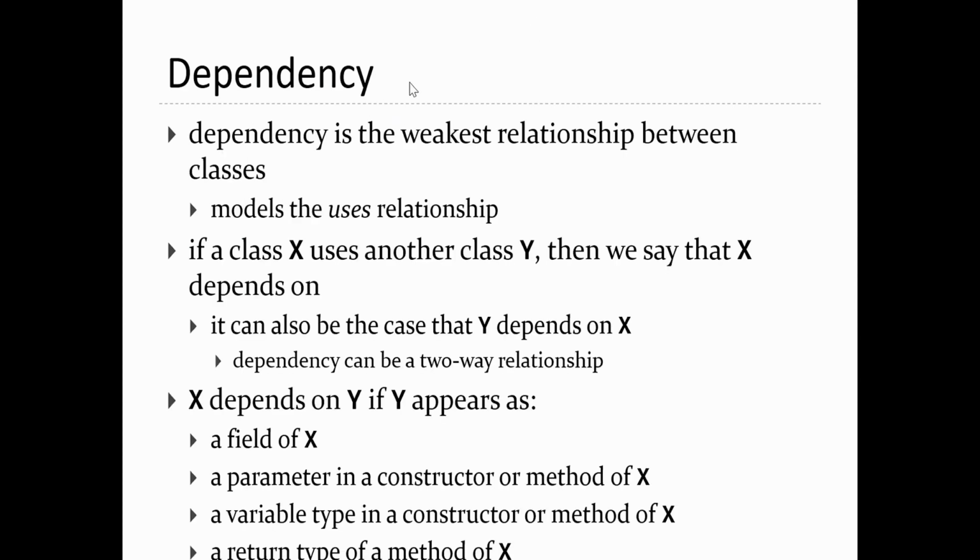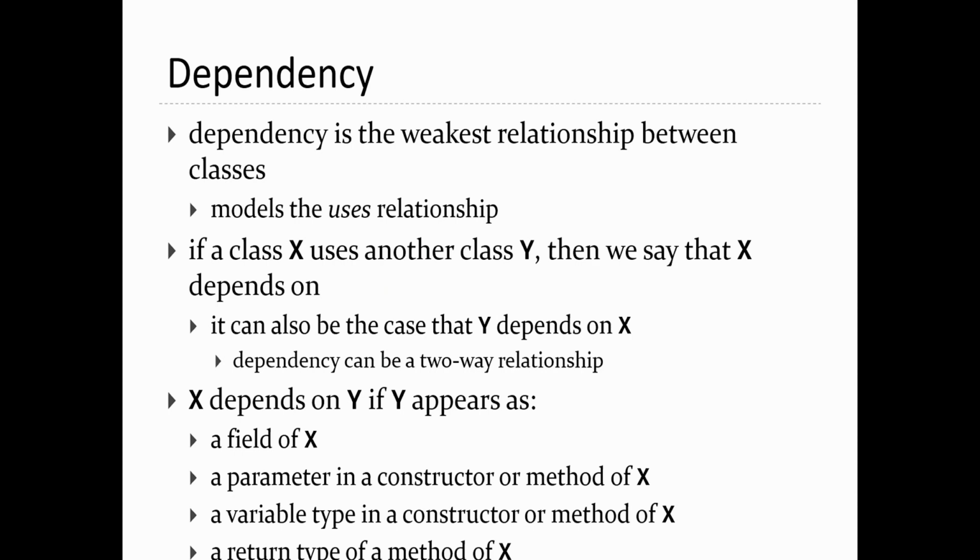All right, so what's the weakest relationship that you can have between two classes? The weakest relationship between two classes is this thing called dependency. Dependency models the uses relationship. So class X uses class Y. If a class X uses another class Y, then we say that X depends on Y. It makes sense.